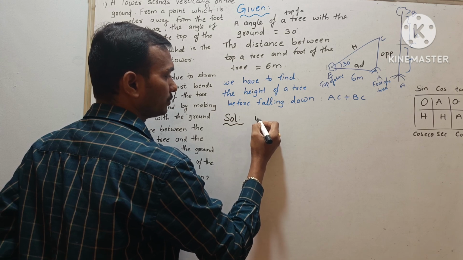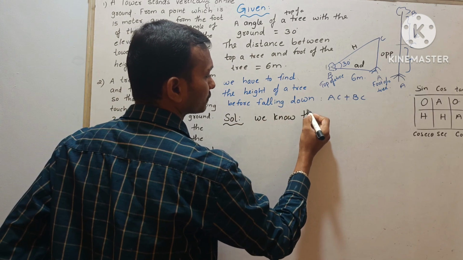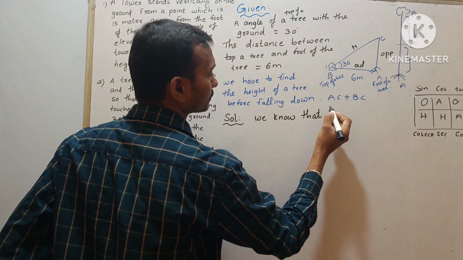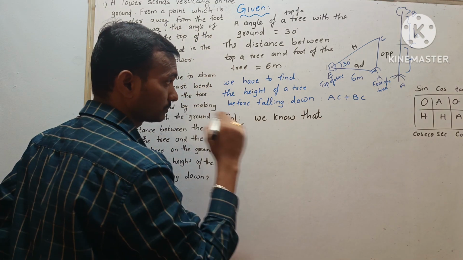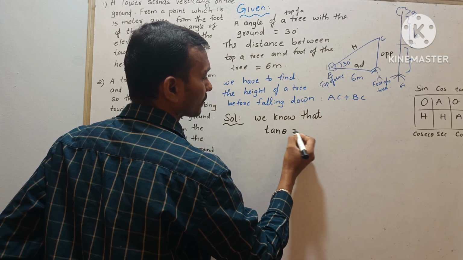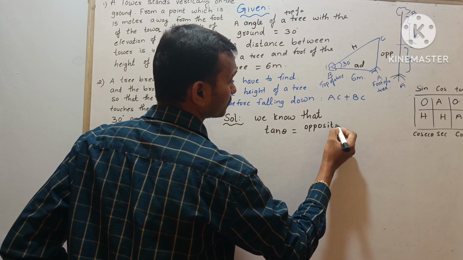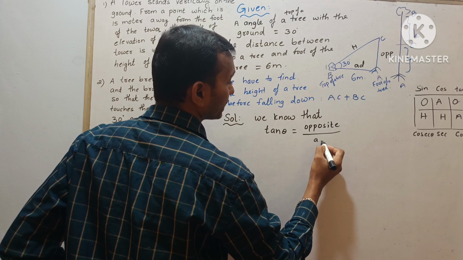So we know that tan theta is nothing but opposite by adjacent side.